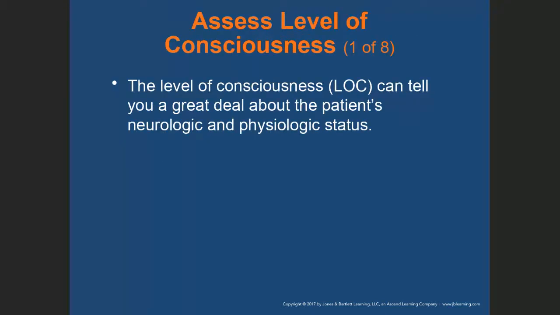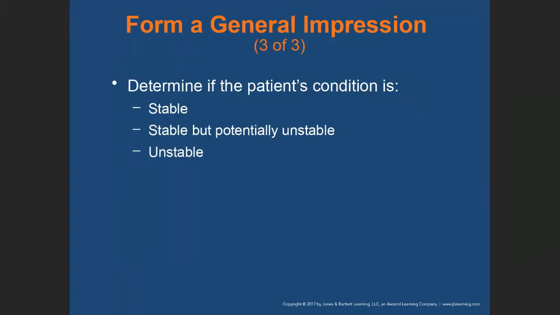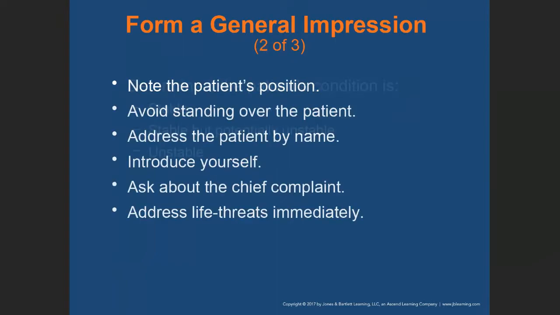Now, after you form your general impression, and move on to the LOC, it is not specific just to the patient. You're going to look at the environment. You look at the patient, you look at the environment that you find the patient in for clues that could give you indicators as to what is the medical issue or what caused the injury to the patient.